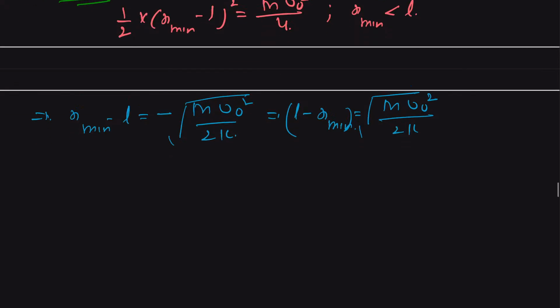We already know that v naught square is equal to k b square upon m.